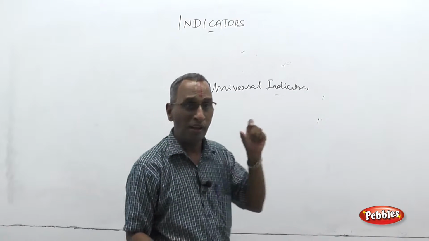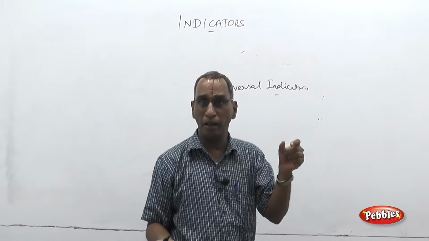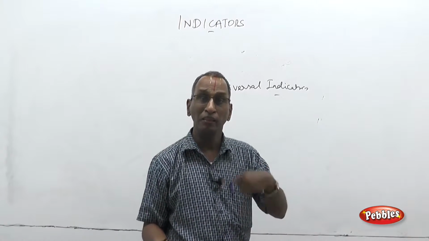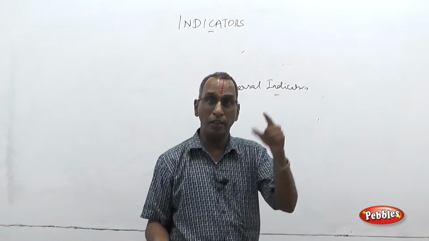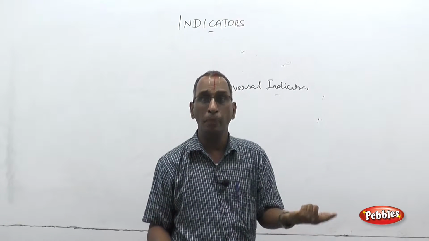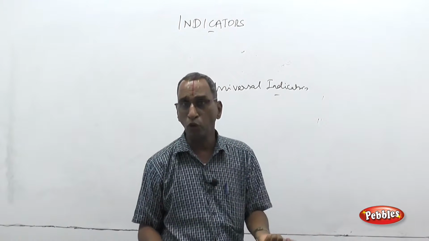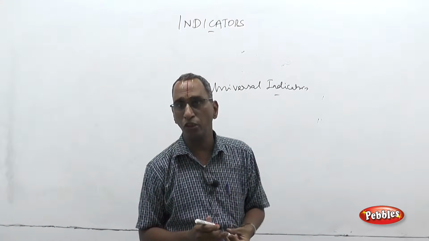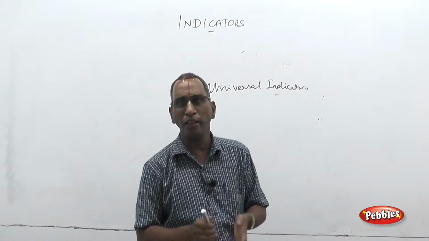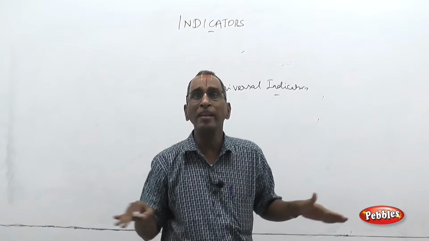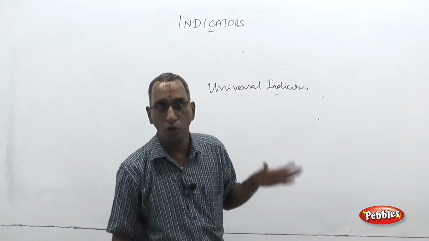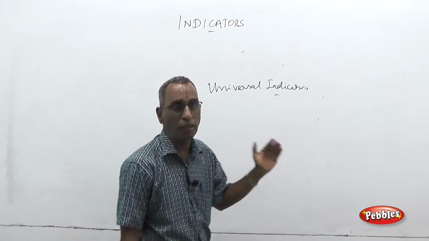So they show different colors at different pH, in other words, the substance changes its color with respect to pH. Such indicators are called universal indicators, so that they can be used over a wide range of pH. So these are the important applications.